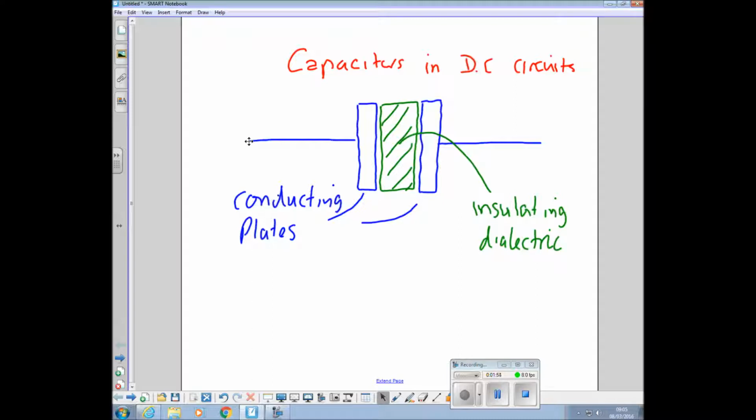So what capacitors can do is, well, they have a level of capacitance.